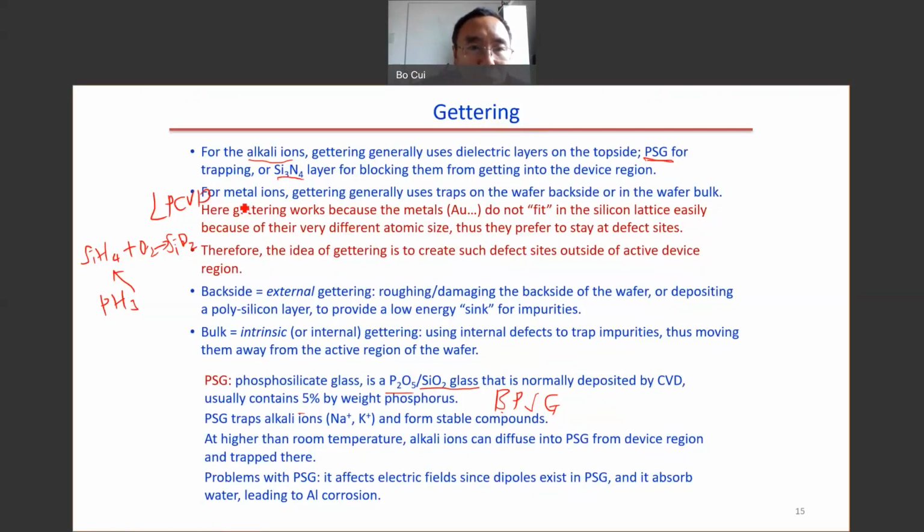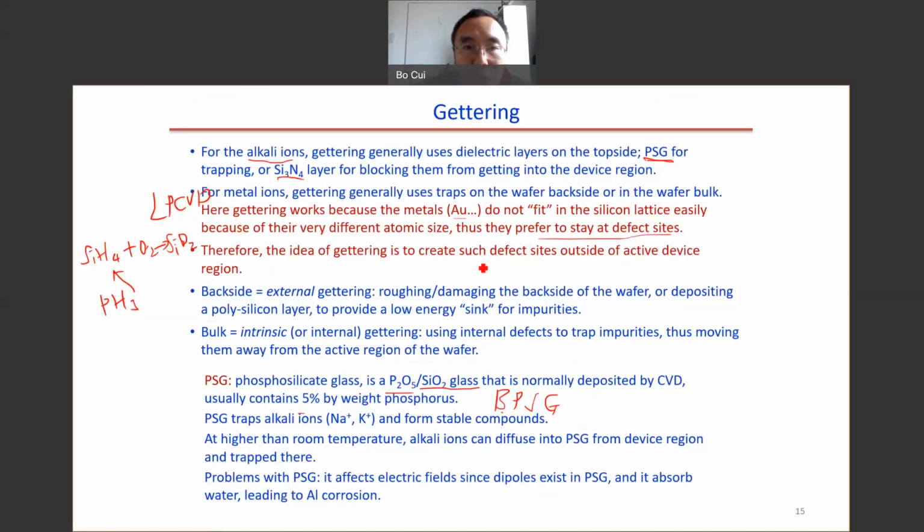So for the metals, we also use gettering, but it traps the metal ions. Because metal ions like gold do not fit in the silicon lattice, they prefer to stay at the defect site.